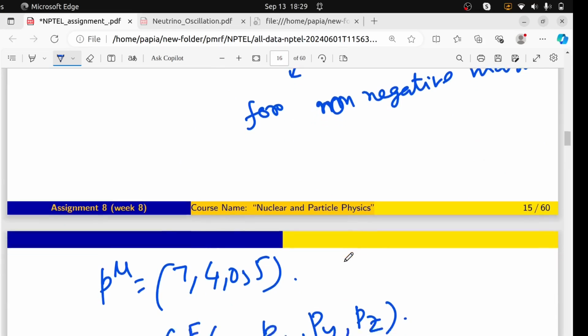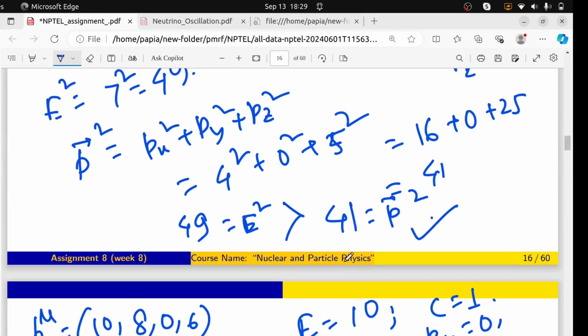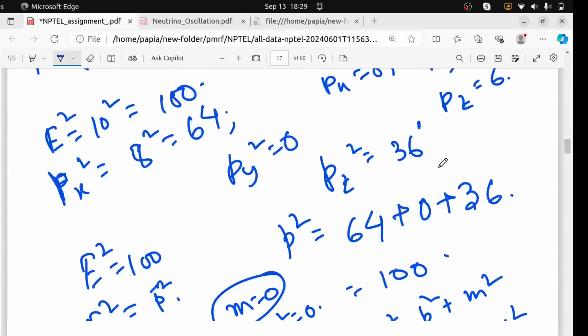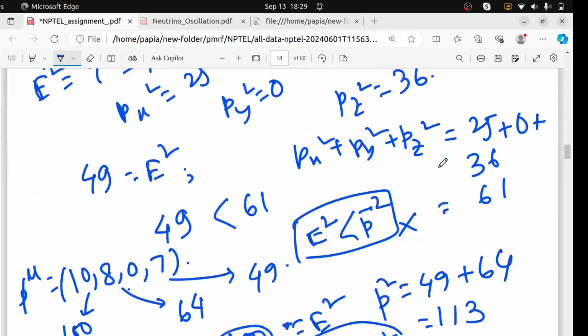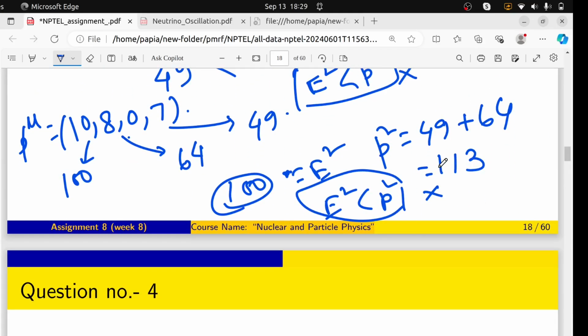After putting in these values, we can confirm that A and B are the correct options to represent the forward momentum of a particle, but C and D are not.